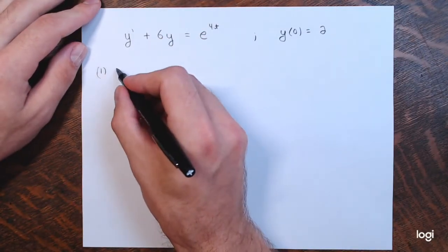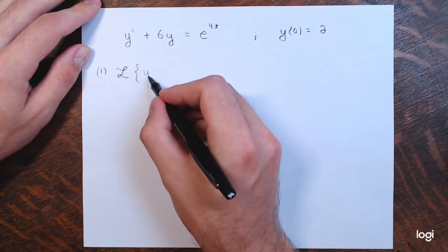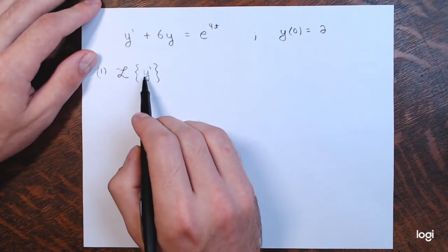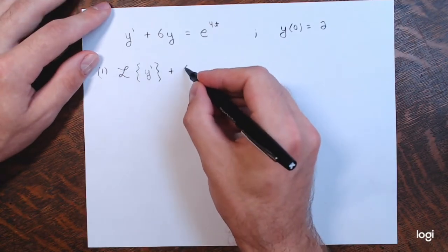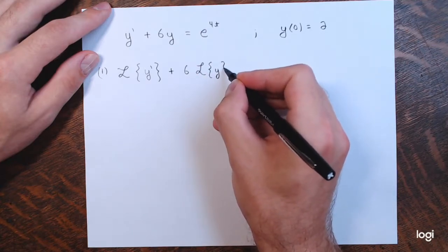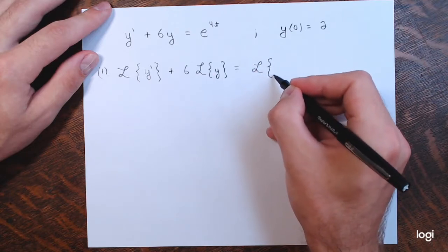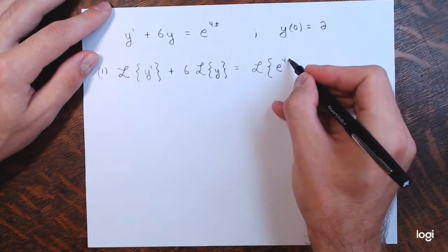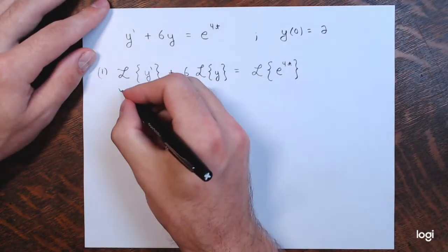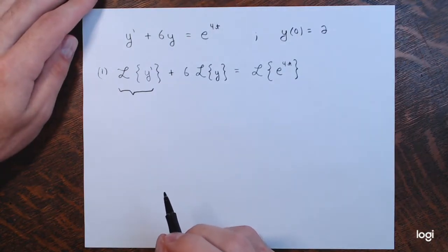Alright, so 1, again, I do the Laplace transform of both sides. And then I'll just use the linearity property right now. So that'll be the Laplace transform of y prime plus 6 times the Laplace transform of y equals the Laplace transform of e to the 4t. Now, remember this is from that first page I showed you in this video.